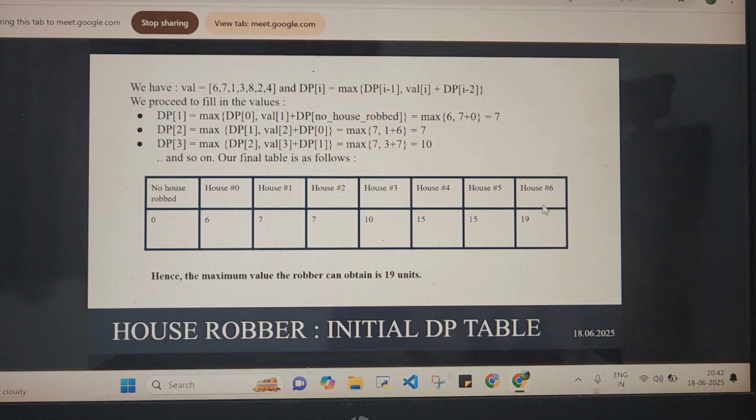And of course, as always, the last grid or the rightmost grid will be our solution, because the question says maximum value that can be obtained by robbing any of the entire 6 houses or 7 houses. So of course it will be dp of 6, which is the maximum value that can be obtained by robbing any number of houses between 0 to 6, and in this case it happens to be 19, which means for this particular instance of the house robber problem, the maximum he can obtain is 19 units.